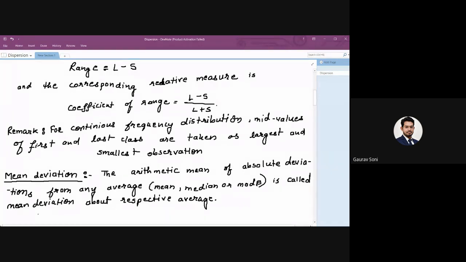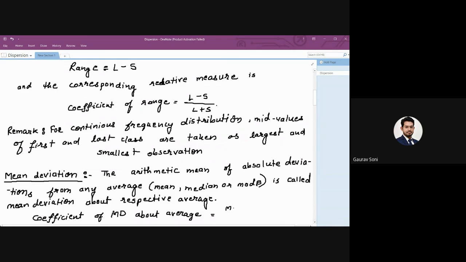And depending on this, we can quickly write down the coefficient of the mean deviation. I will abbreviate this as MD. Mean deviation about some average, by average I mean either mean, mode, or median.